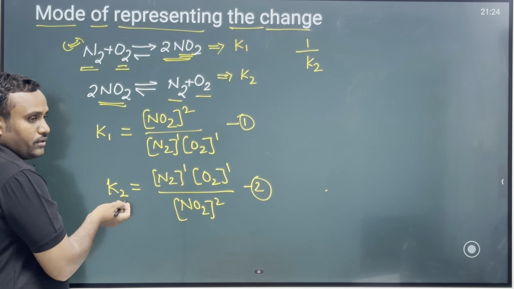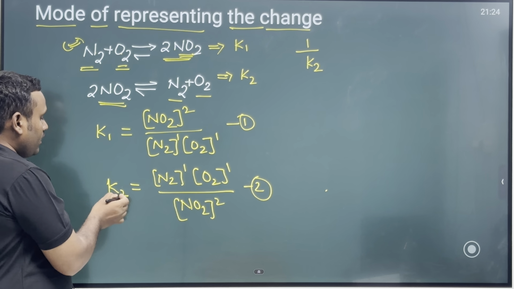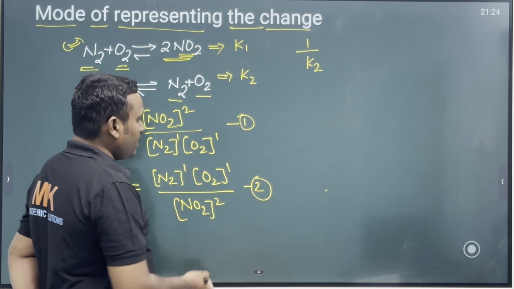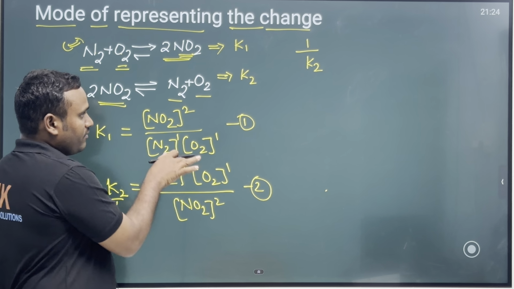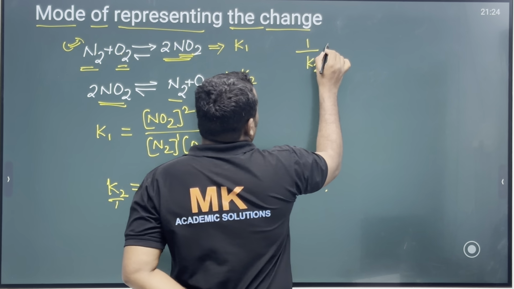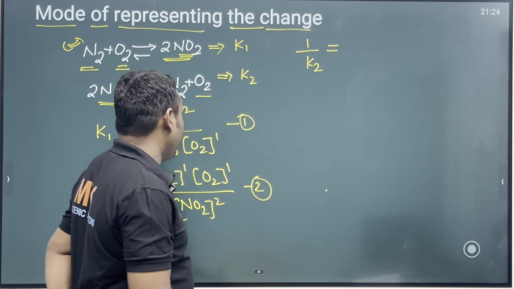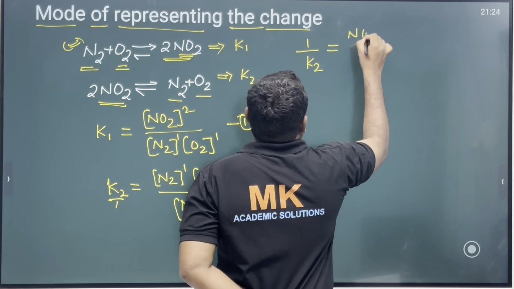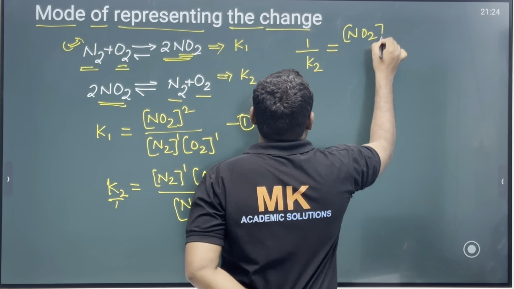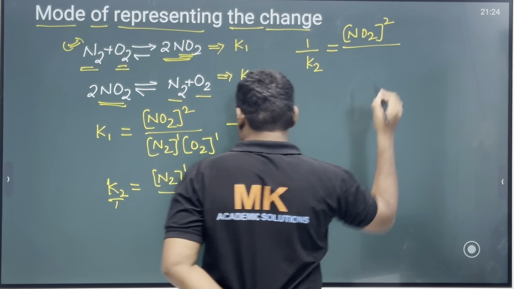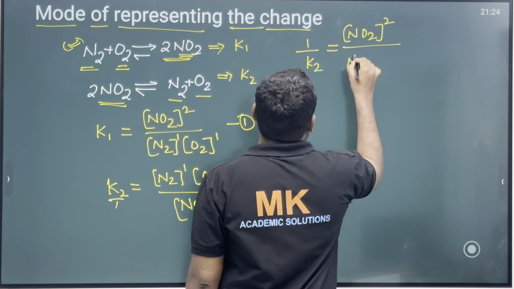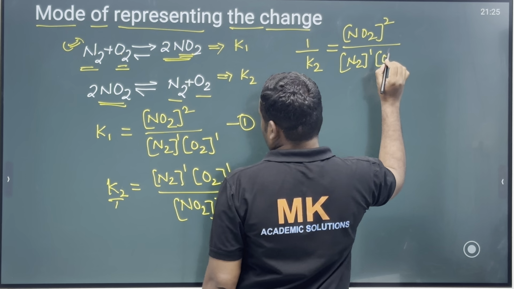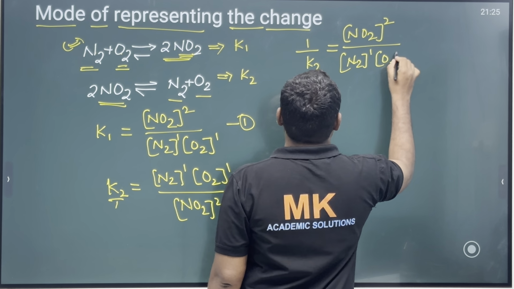Here K2 is there, now I am making 1 by K2. So when I inverse, this also will become reversed. 1 by K2 is equal to NO2 square by N2 power 1 and O2 power 1.